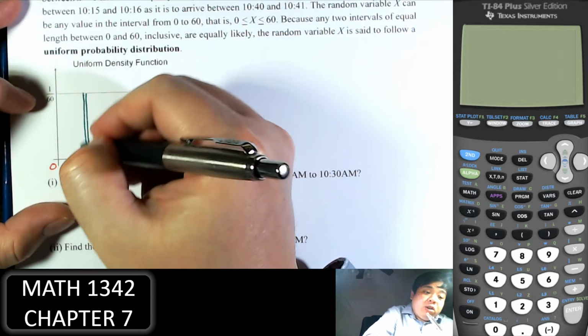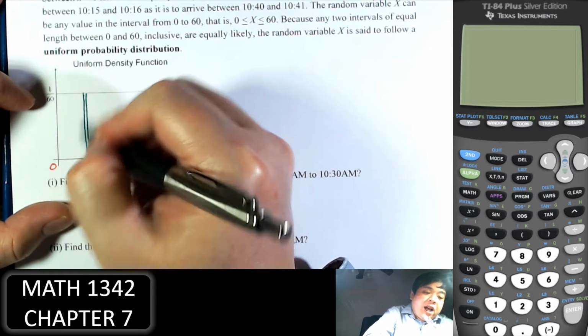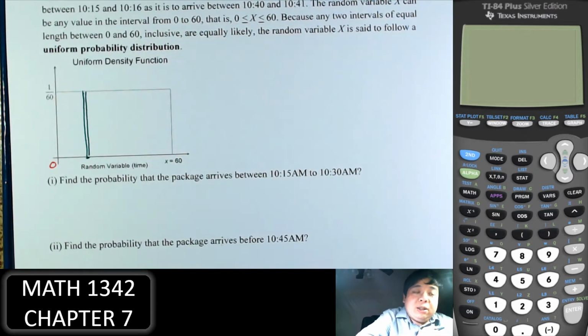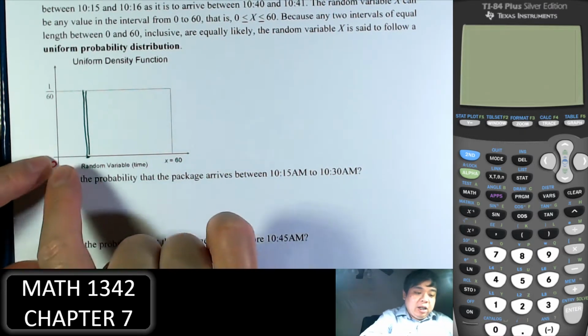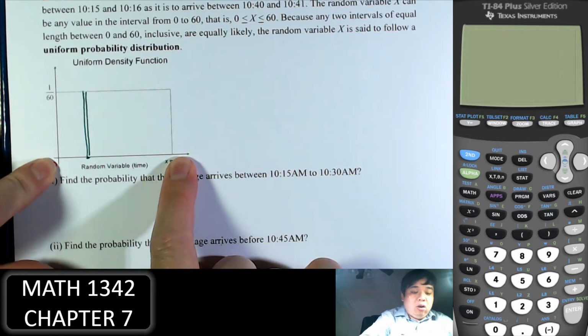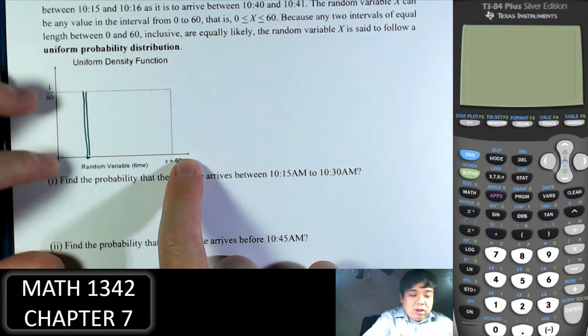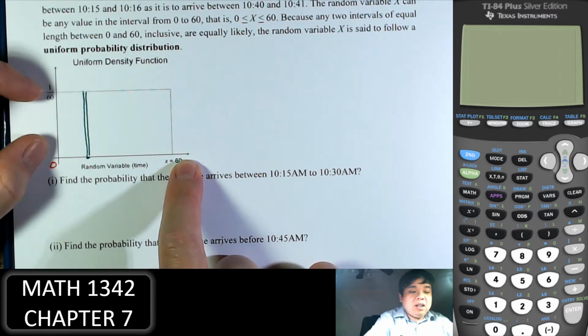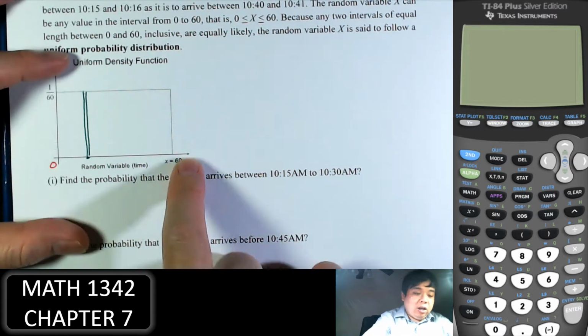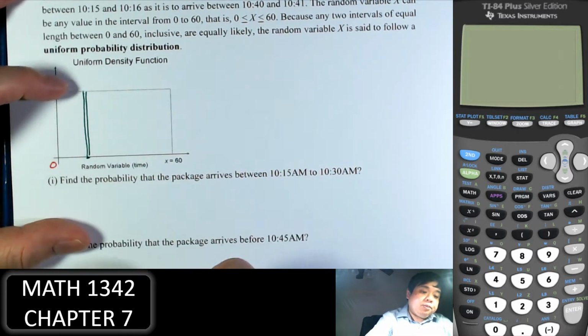The height is 1 over 60. So we calculate that area over the total area, and that will give us the probability. By the way, the total area: the width is 60 on the right, the height is 1 over 60. 60 times 1 over 60 is 1. So the total area is 1.